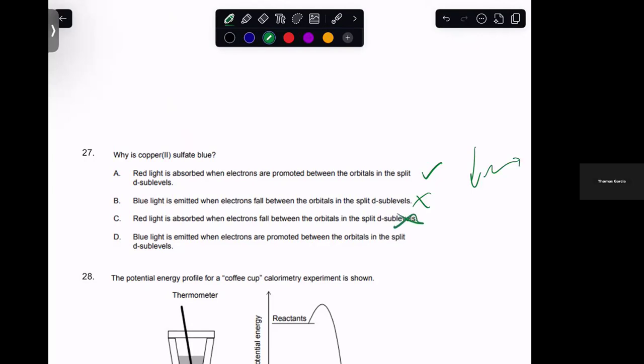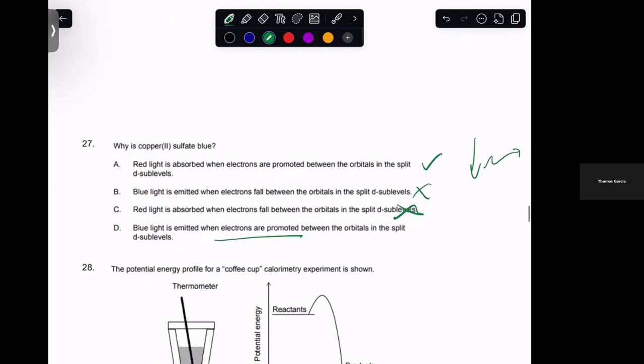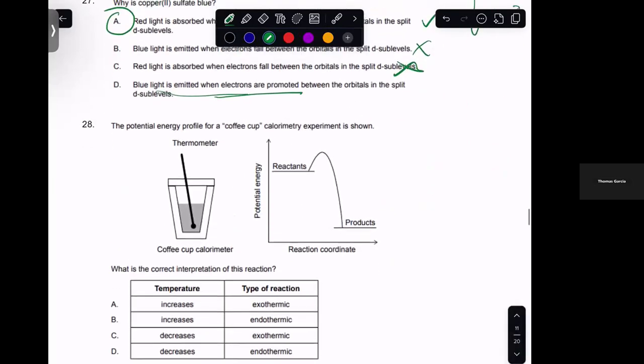Blue light is emitted when electrons are promoted. Again, we can't have the emission unless we already have the promotion. And also, light is not emitted when electrons are promoted. That doesn't make sense. It's only when they fall. So it's got to be A.